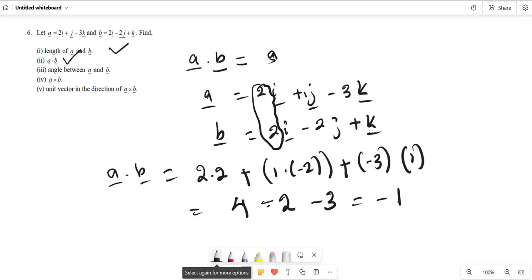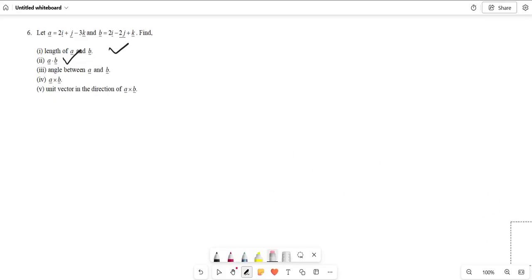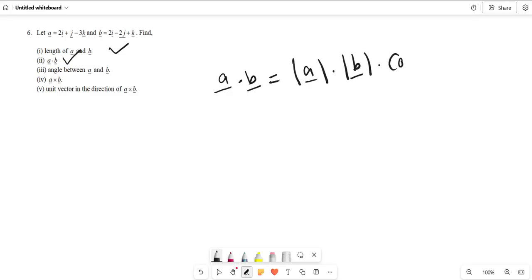Then it is asking to get the angle between A and B. This angle is also defined by the dot product. That means A dot product of B is defined as mod of A, that means length of A, into length of B, times cos theta.